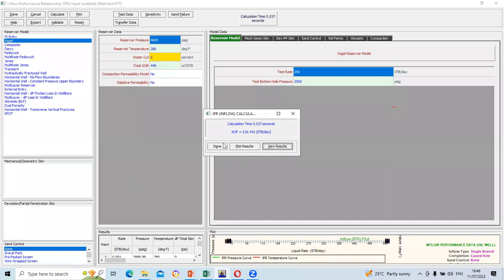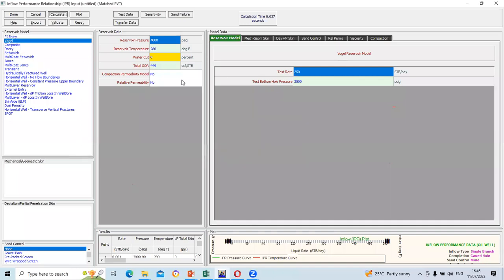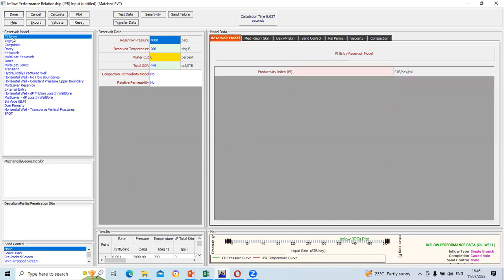So our IPR has been created using the Vogel equation. You could always use the PI if the reservoir pressure is above our bubble point.